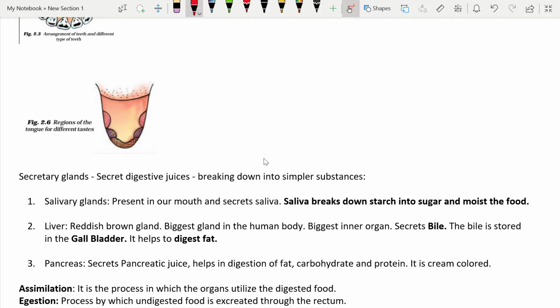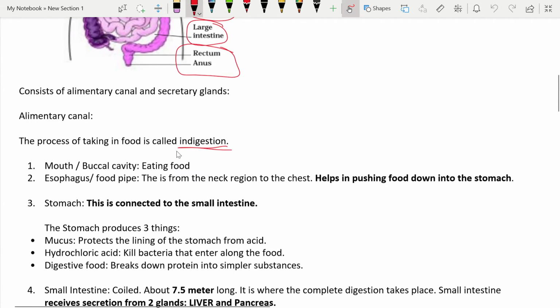They're present in our mouth, as we just saw, and secrete saliva. Saliva breaks down starch into sugar and moistens the food. So it helps in breaking down complex things into simpler things and makes the food moist. If you eat something very dry, it will get into a thin batter in your mouth. So that's what salivary glands do.